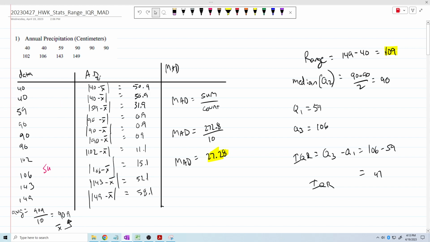That's what I'm doing in this column here, guys. For the data point of 40, this first 40, how far is it from the center? Well, I got that answer, 50.9. And I just repeated that process for the same number of data points as I have. You do it for each one.